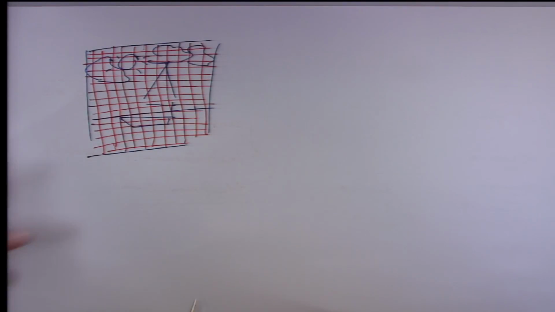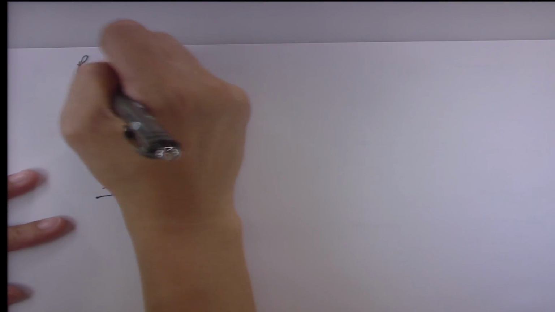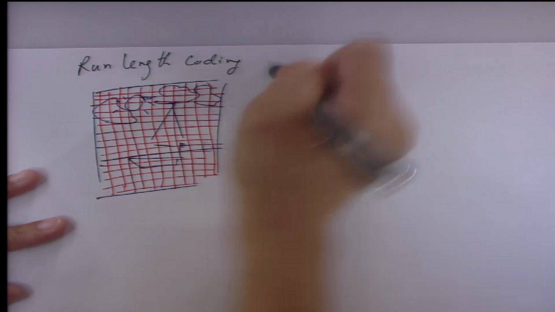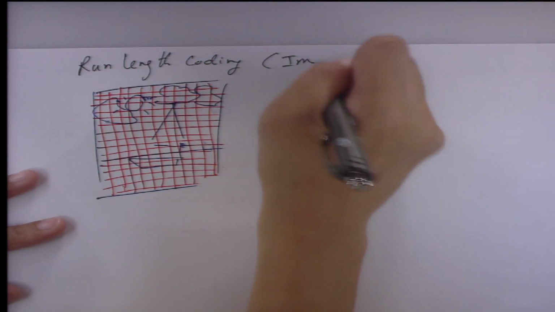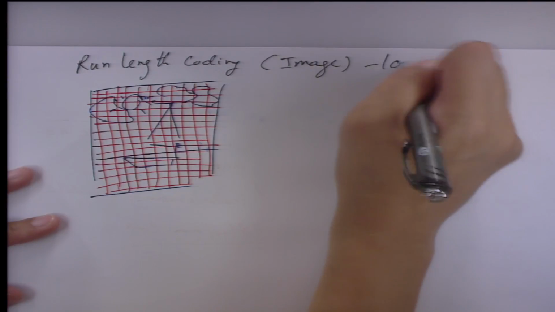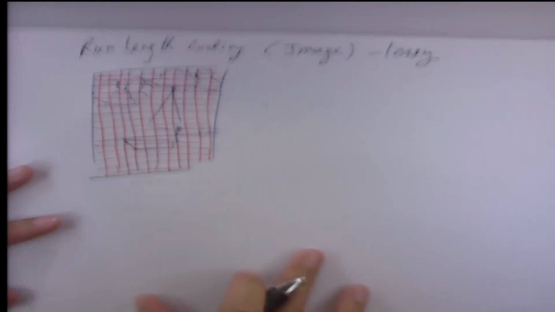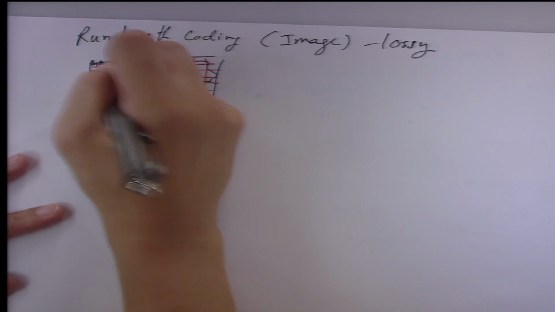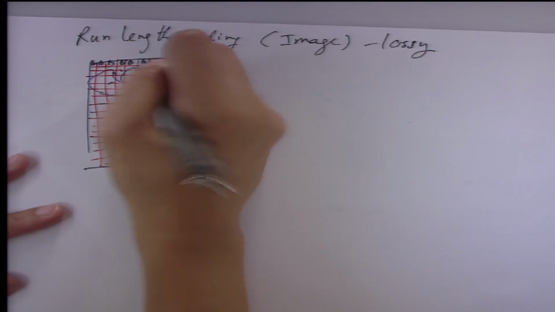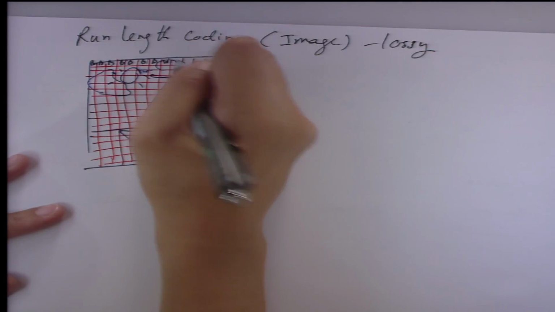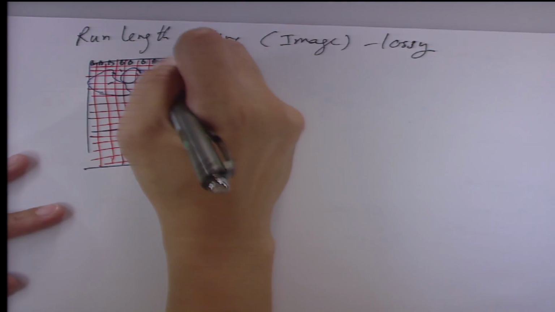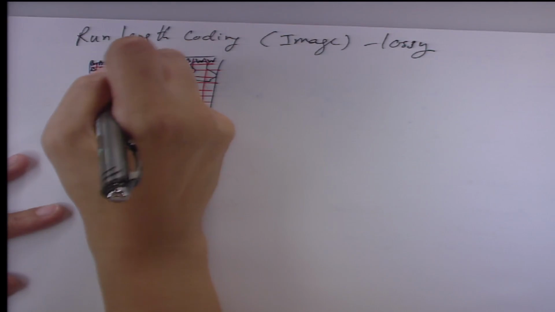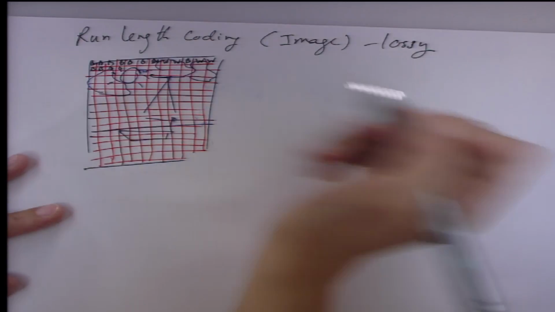So this is run length coding for images, and this is lossy. If you look at this, one row is blue, blue, blue, blue, blue, blue, blue. Let's say this is white, white, also white, blue, white, white, and then blue, blue, blue, blue.